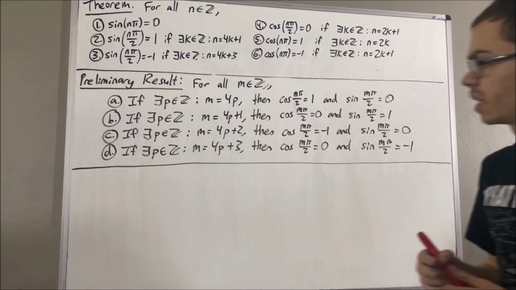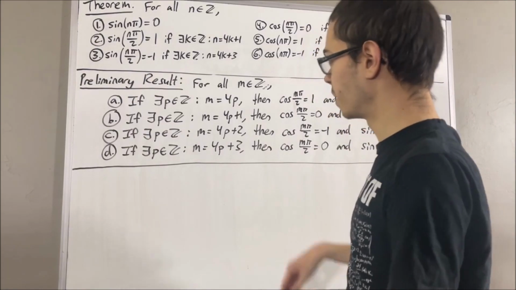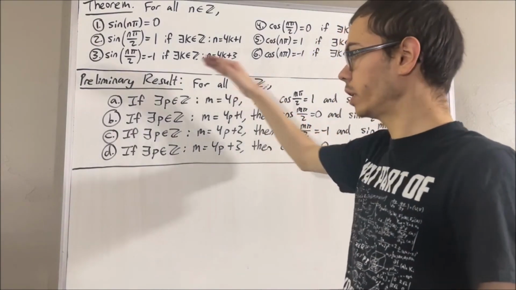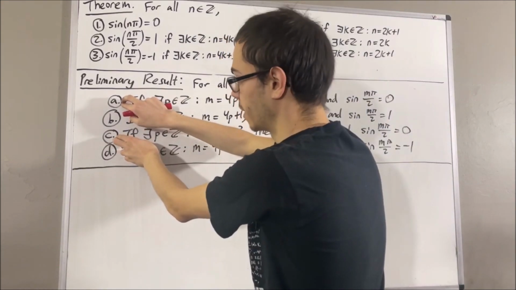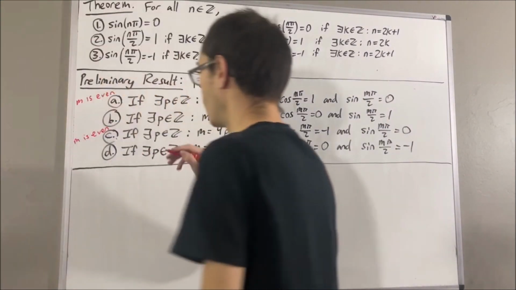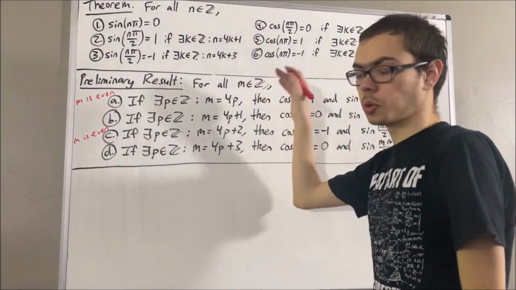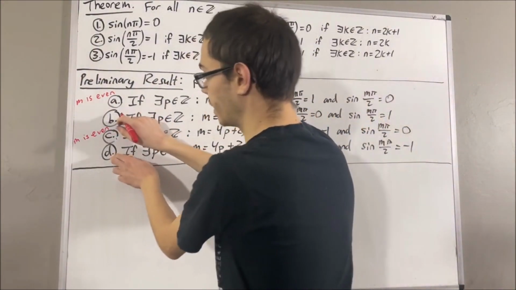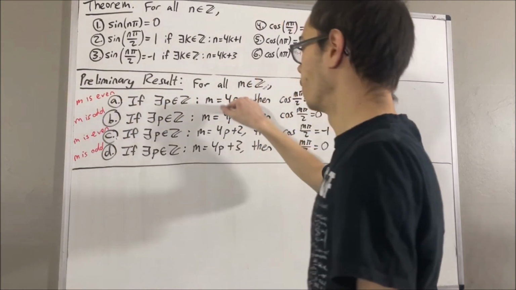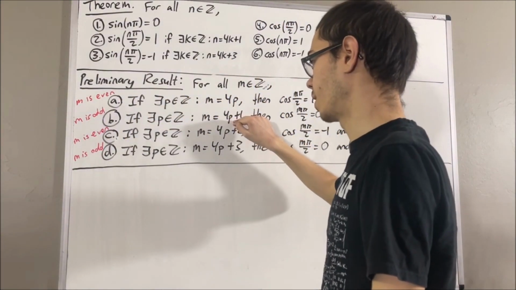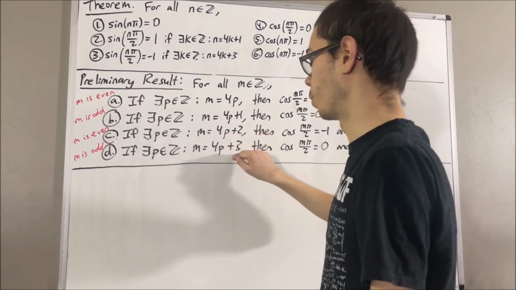Now, something else I should also mention is, if m is even, then the only cases that could happen are case A and case C. And if m is odd, then the only cases that can happen are case B and case D. Right? Because 4p is even, 4p plus 1 is odd, 4p plus 2 is even, 4p plus 3 is odd.